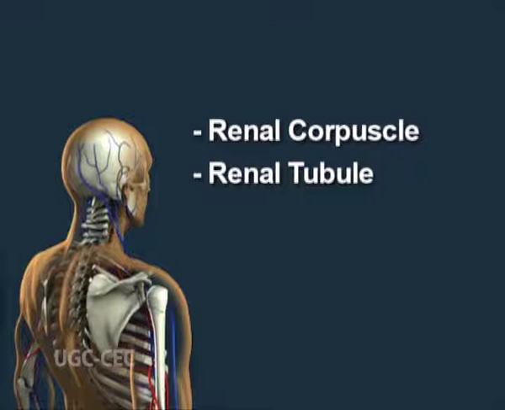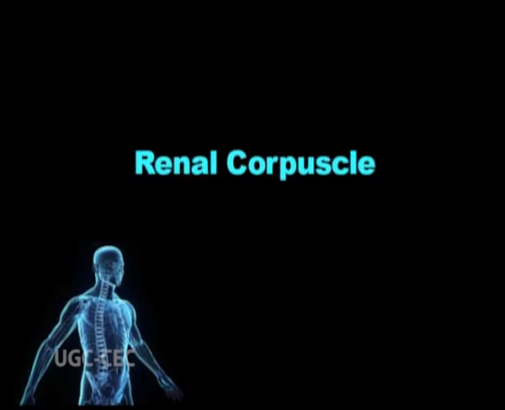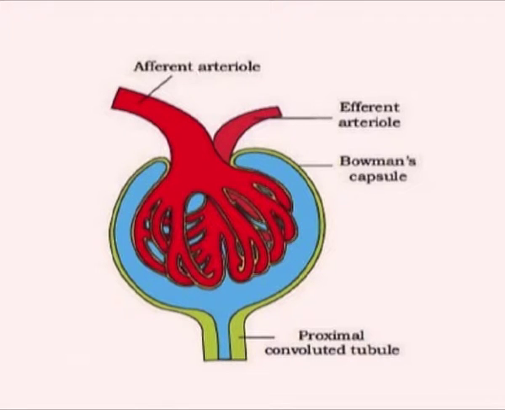A nephron consists of two parts: an initial filtering component known as the renal corpuscle and a long tubule called the renal tubule, both made of simple cuboidal epithelium. The renal corpuscle or Malpighian corpuscle is composed of a glomerulus and Bowman's capsule.